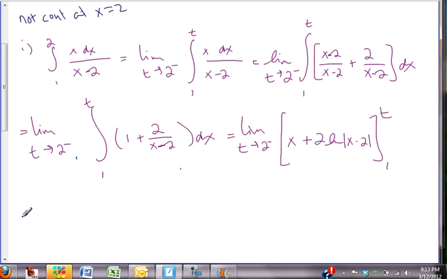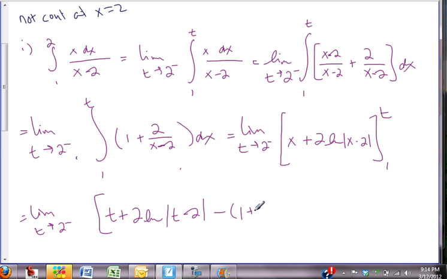And so this is the limit as t goes to 2 from the negative side of, when I plug in t, I get t plus 2 ln of absolute value t minus 2. When I plug in 1, I get 1, so I'm subtracting this off.